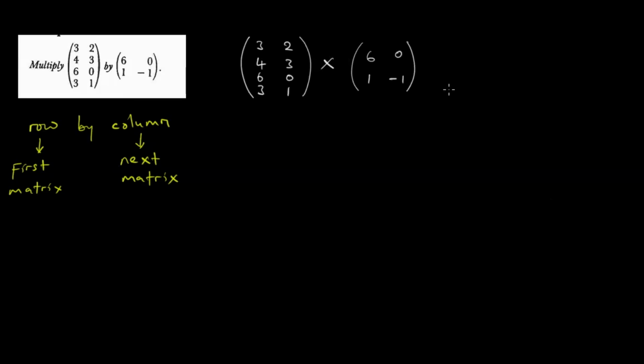But before we do the multiplication, we need to understand the order of the product. Kureva kuti tikuda kuziva kuti answer yedu inenge yakamboita sei. Saka kuti tizive kuti answer inenge yakamboita sei, we quote the order of this matrix. What is the order of that matrix? The order is, how many rows do we have? We have 1 2 3 4. 4 rows by how many columns? 1 2.